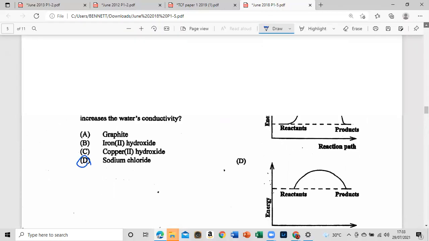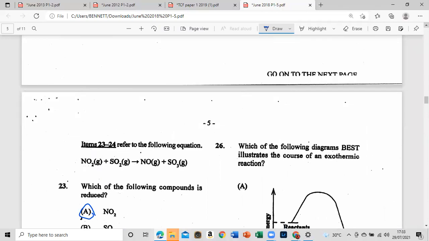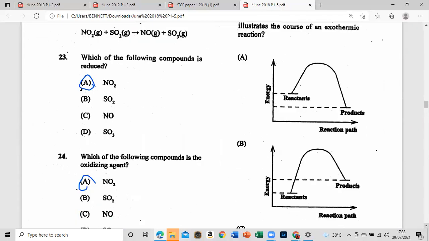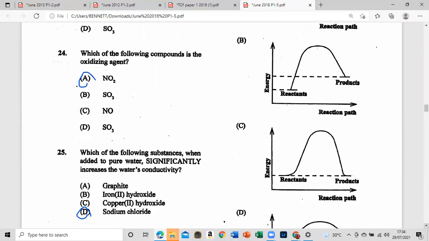Let's move on to 26. Which of the following diagrams best illustrates the course of an exothermic reaction? And they give us all the options, and we are supposed to pick.